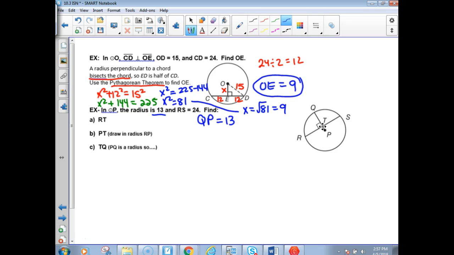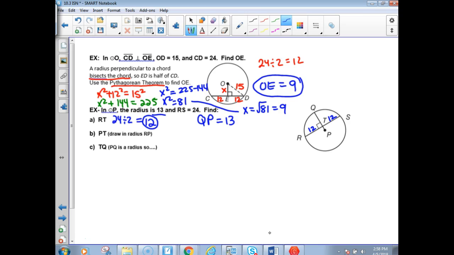I got R to S is 24, but QP is perpendicular to it, so it cut it in half, which means RT is half of 24, 12. Okay, so I'm going to put 12 right here on RT, and this would be 12 as well.